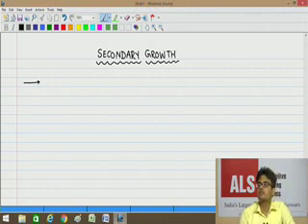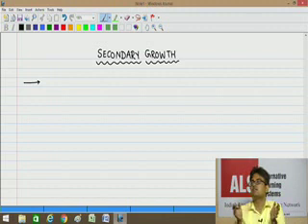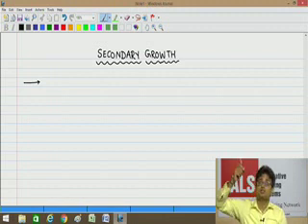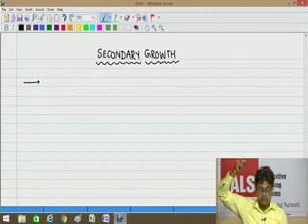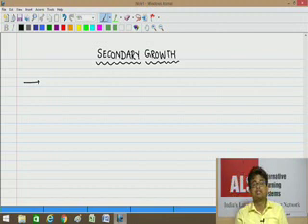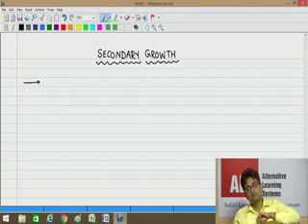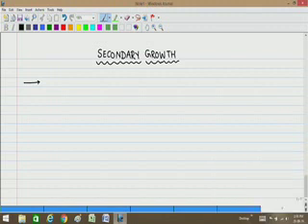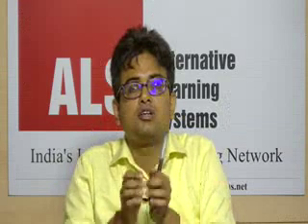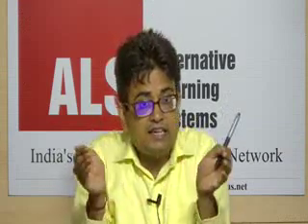Secondary growth refers to the increase in thickness, increase in girth of the plant. So this is called the secondary growth. Primary growth, what is primary growth? Primary growth is growth in length, the growth in the root length, growth in the shoot length. So both of these are vertical growths, but the horizontal growth, the increase in thickness, that is the secondary growth. I will explain.